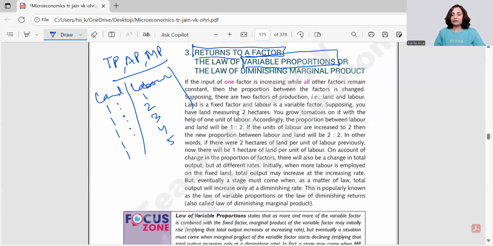It means at every step, the input ratio is changed, and we are trying to check, when this input ratio is changed, how TP, AP, and MP come out to be, right? Or we do call it the law of diminishing marginal product. Diminishing means falling, marginal product means the additional productivity.